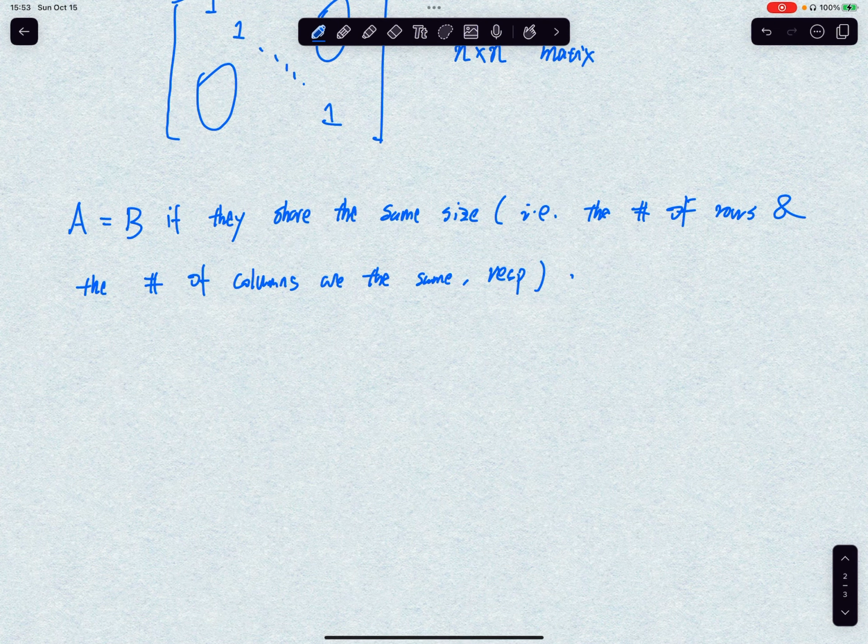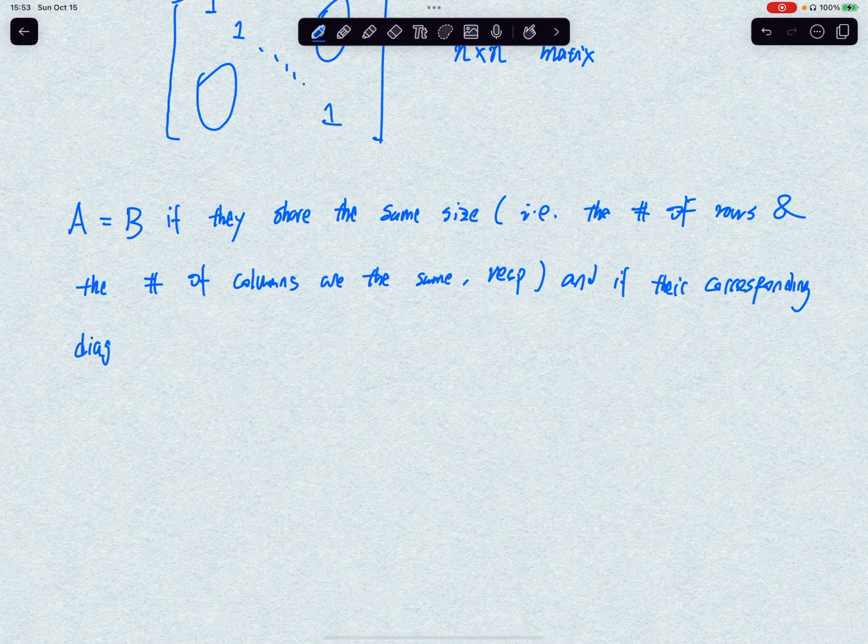And if their corresponding entries are equal. So that means the corresponding entries coincide.